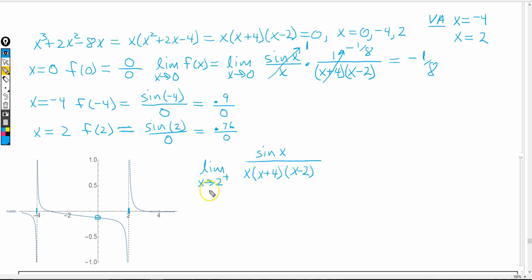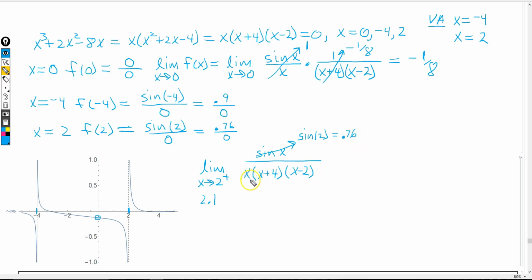And you would think, okay, x is approaching 2 from the right, it's a number like 2.1. The top is approaching the sine of 2, which is approximately 0.76. It's a positive number, that's what's important.